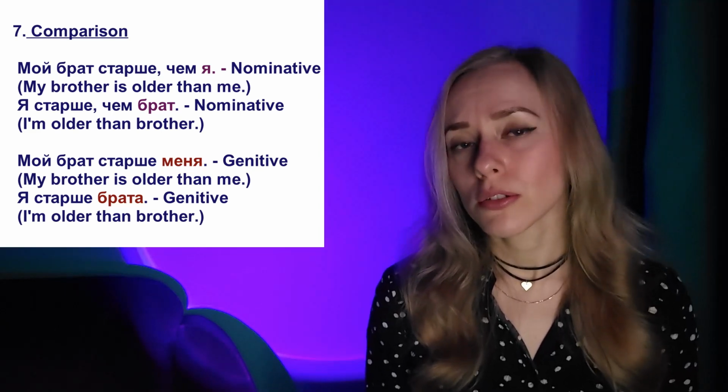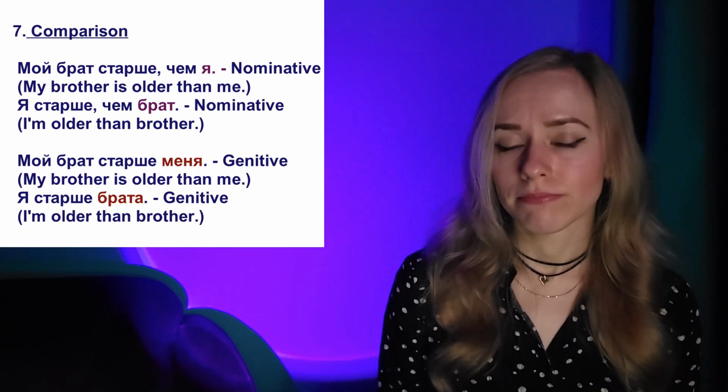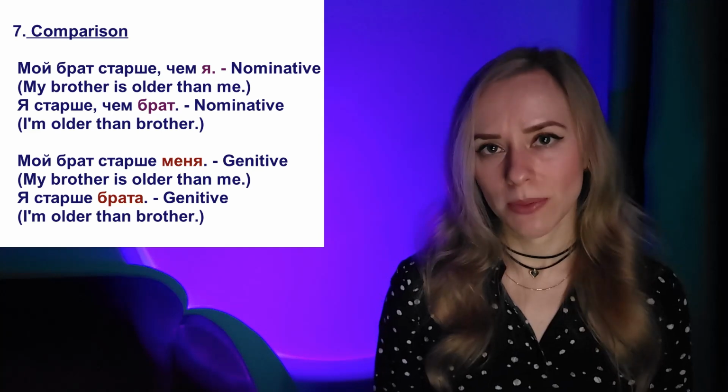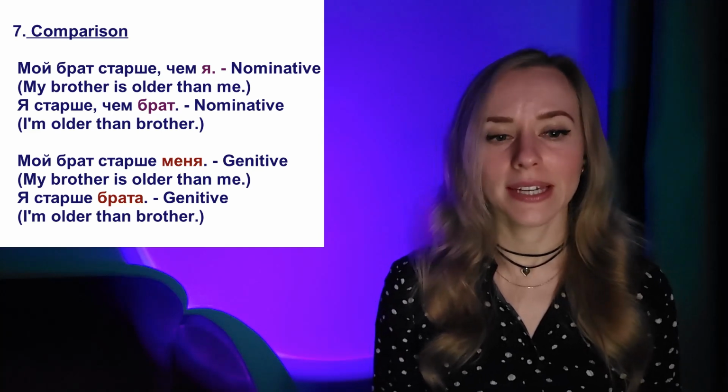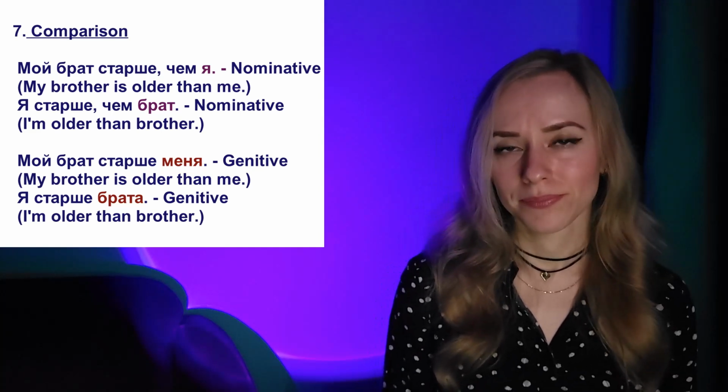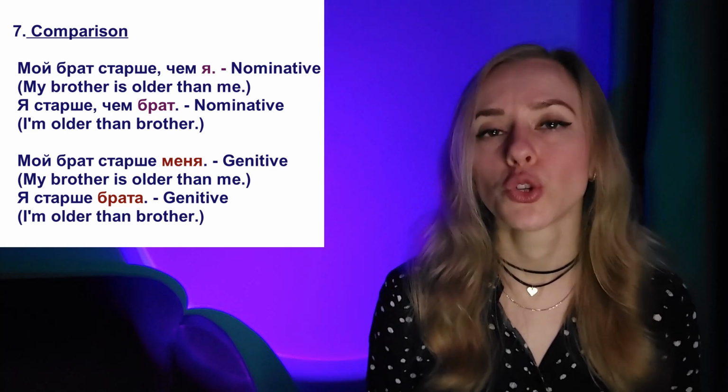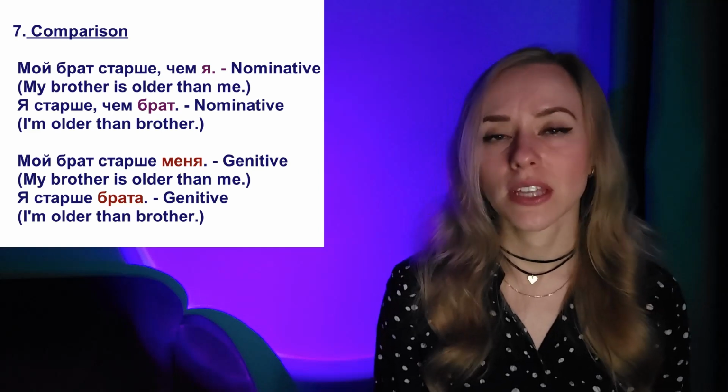But you can say also using the genitive case. Мой брат старше меня. Or я старше брата. After this word старше, you use the genitive case. Старше меня, старше брата.